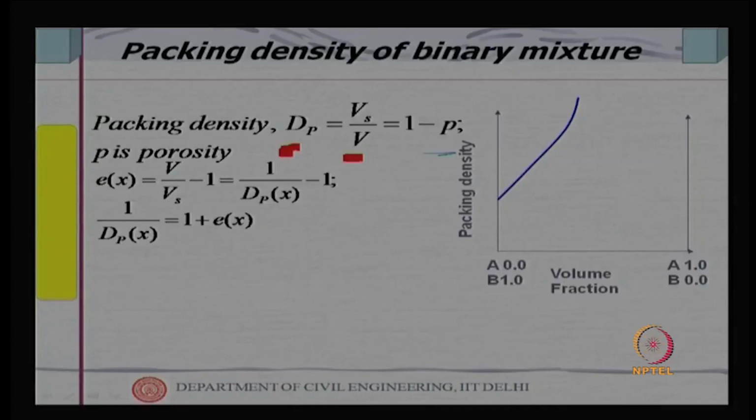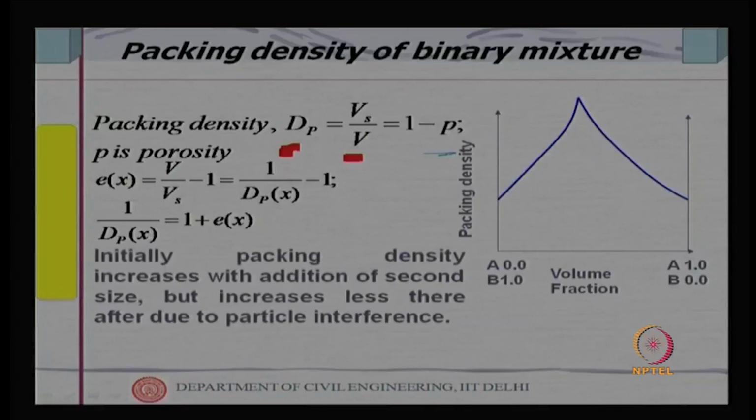If I plot packing density with x, because Ex is known, equations where x were available, for 1 minus x, Ea into 1 minus x if you recall, and from this side again Ex expressions were available, this will give me a nonlinear curve of this kind, and from this side also, if I plot at the same x star, you will have maximum packing density.